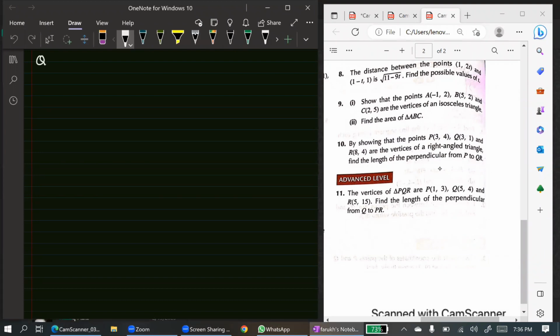Question number 11. The vertices of a triangle PQR are P(1,3), Q(5,4), and R(5,15). We want to find out the length of the perpendicular from Q to PR. We will sketch this one.